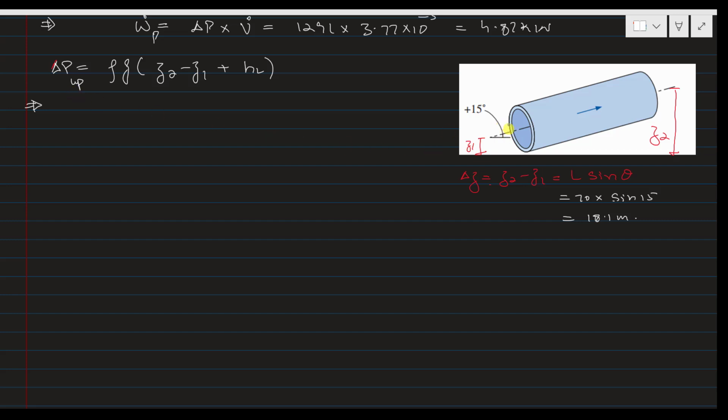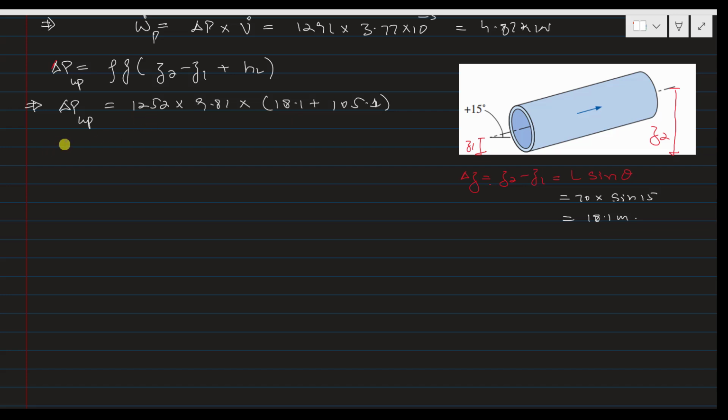So this is pressure difference up, it is rho, that is 1252, g, that is 9.81, and Z2 minus Z1 is 18.1, plus head loss, that is 105.1.